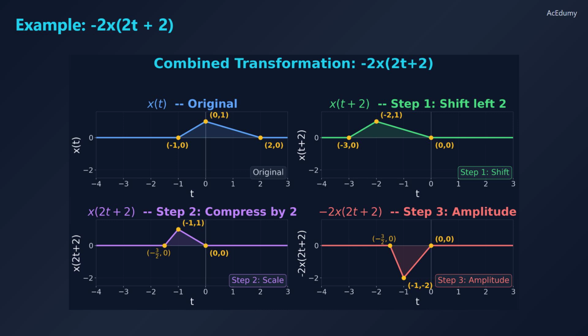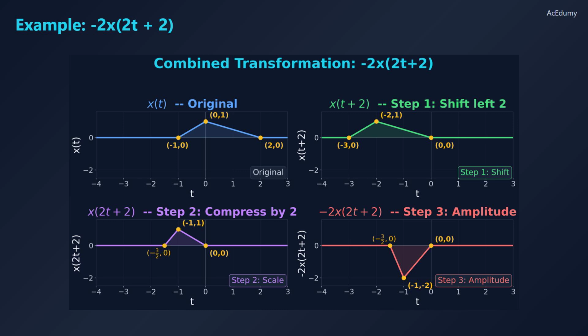Consider x of t, an asymmetric triangle with vertices at (-1, 0), (0, 1), and (2, 0). We want to draw -2 times x of 2t plus 2. Step 1. Shift left by 2 to get x of t plus 2, with vertices at (-3, 0), (-2, 1), and (0, 0).